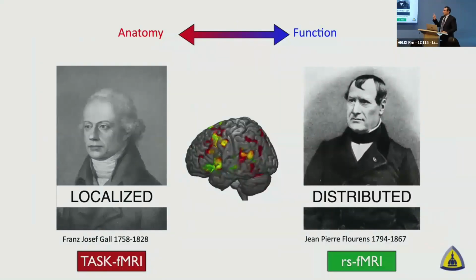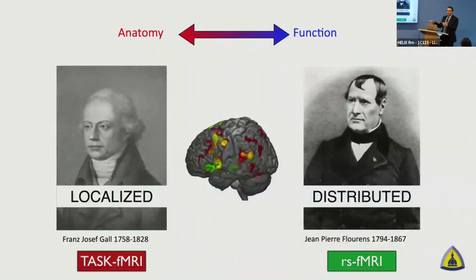But the question is brain function and the anatomical substrate of whatever that function is: is it localized or distributed? There's an interesting historical perspective here too, because we didn't always think of the brain as having different regions with specific functions. Franz Gall, anybody know who that is? Any history buffs here?